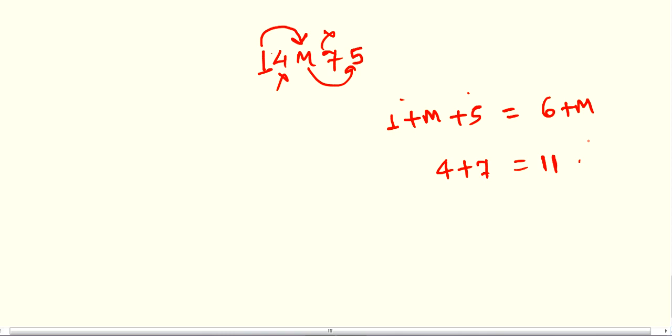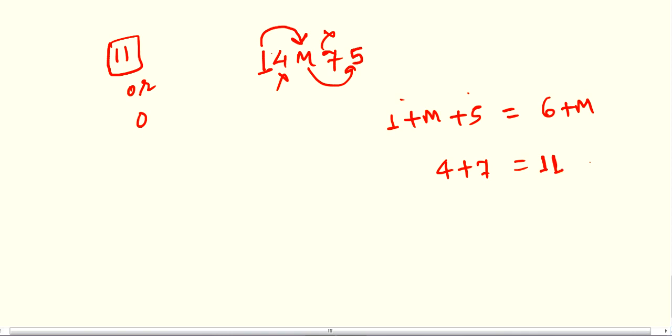Now we have to subtract here, but before that we have to assume value of m, clear? So what we can assume here, simply in divisibility by 11, if you are subtracting two numbers, you should get either 11 or 0.